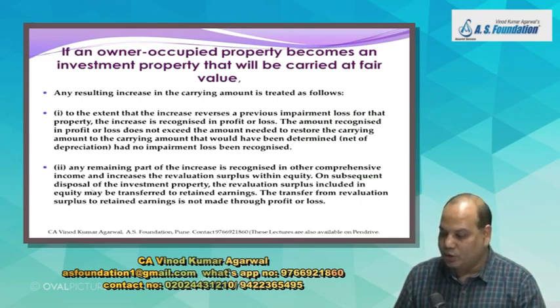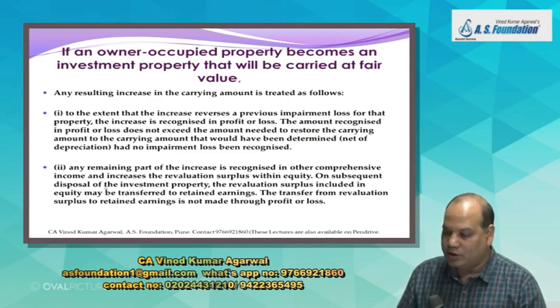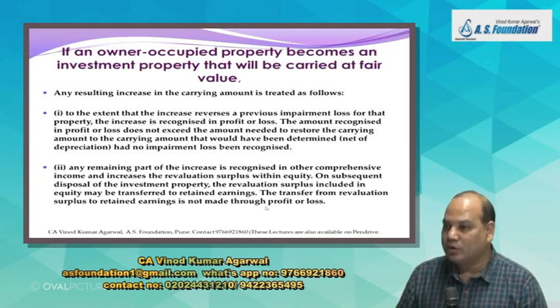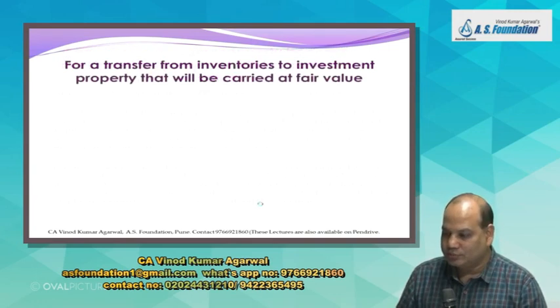On subsequent disposal, underline your query. The student had asked the query, can I transfer immediately to retained earning? The answer is no. On subsequent disposal, the revaluation surplus included in equity may be transferred to retained earning. The transfer from revaluation surplus to retained earning is not made through profit or loss.